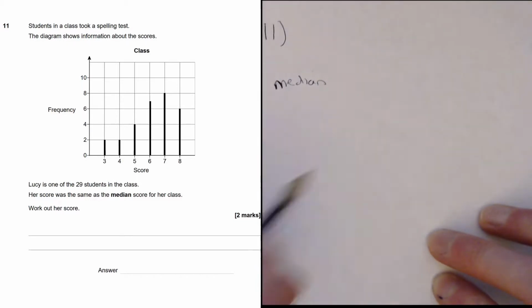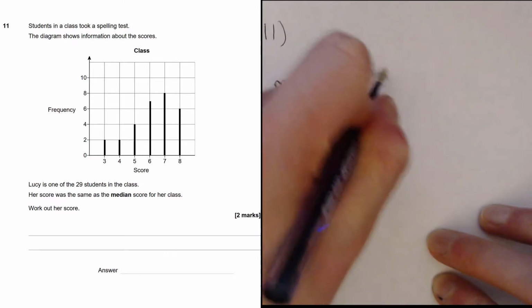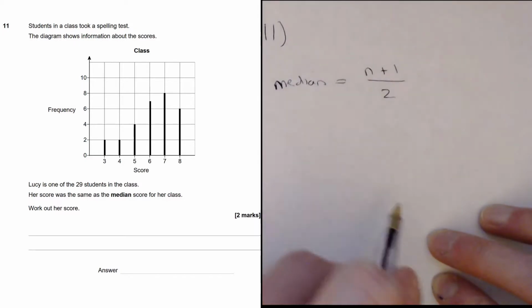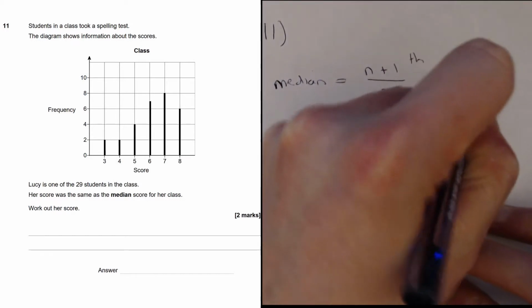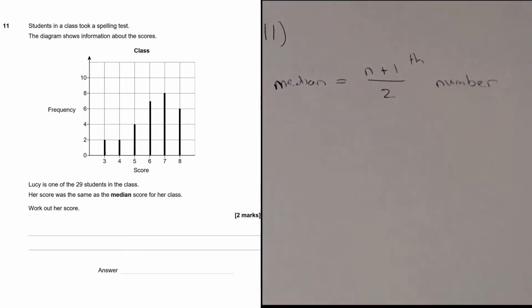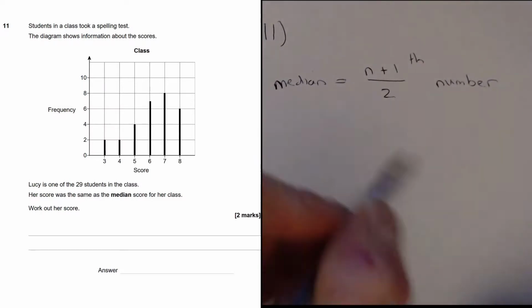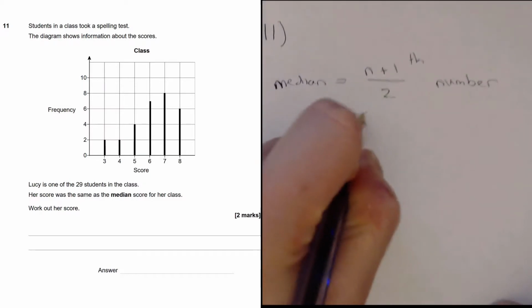is always given by the (n plus 1) divided by 2 number, where n is the number of people in a sample, in this case the number of students in the class. So for us, n is 29.